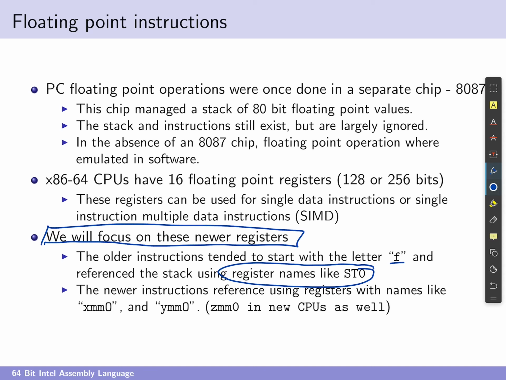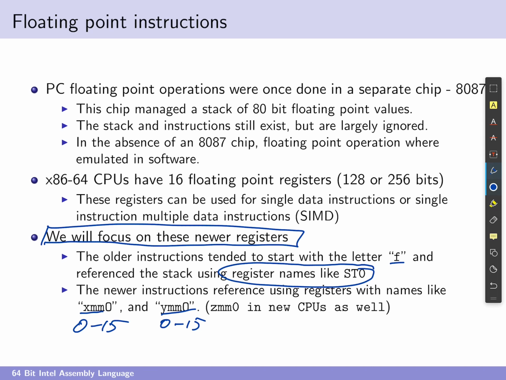And there are two flavors that are kind of relevant to us. There's the XMM version of the register, which goes from 0 to 15. And then we have the larger version, which is the YMM register, which also goes from 0 to 15.